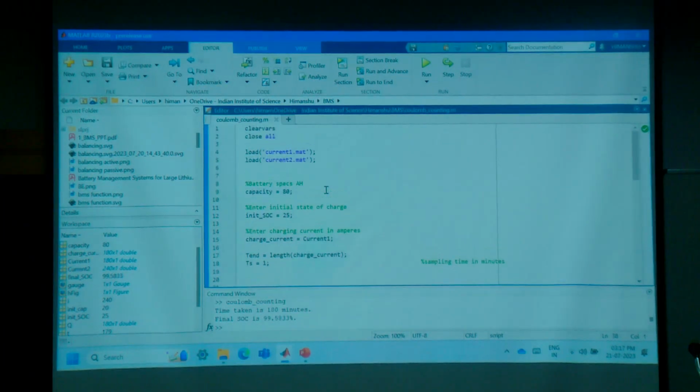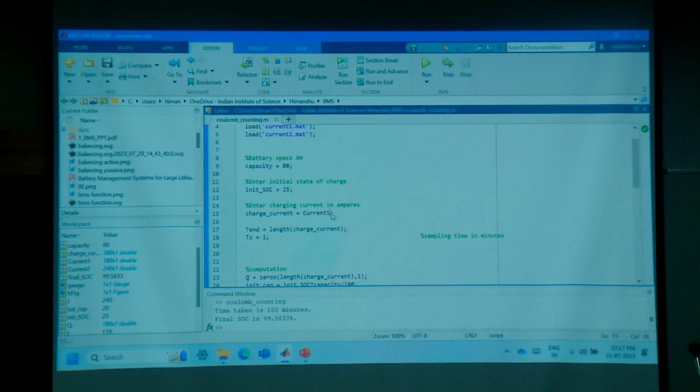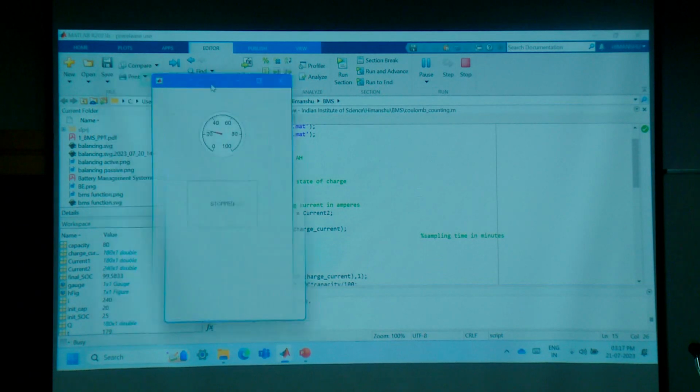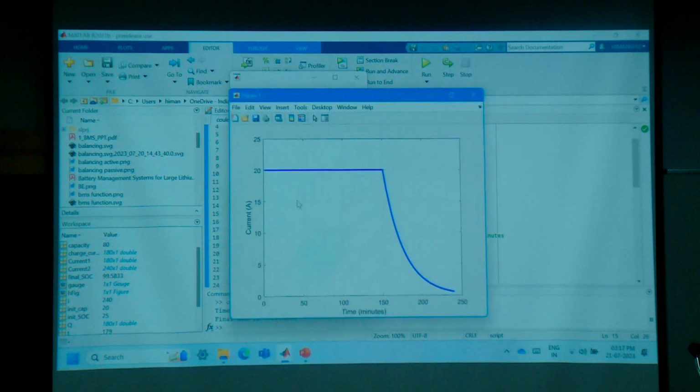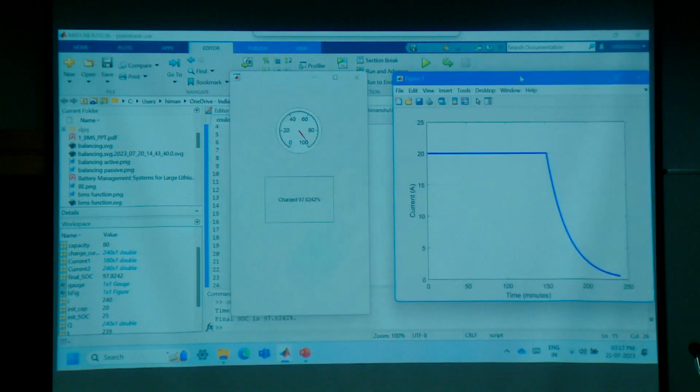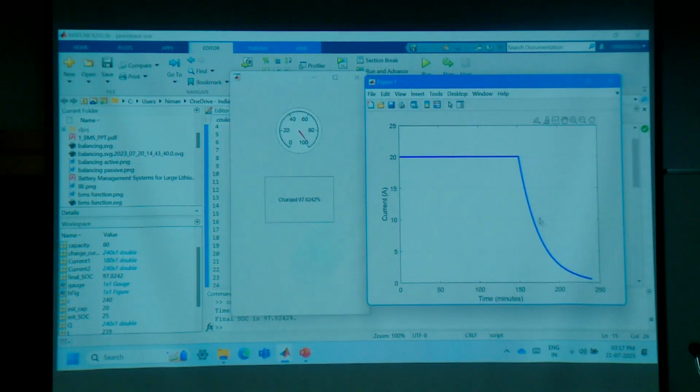Now let me change the current profile. The algorithm stays the same, but my current profile is now changed. Here again from 25% it will start charging, but after that at the end it will become slower, and it will charge until 97.8% only, because I have a different current profile. This is a 4-hour current profile that I am feeding. For 150 minutes, that is 2.5 hours, I am just feeding in constant current.